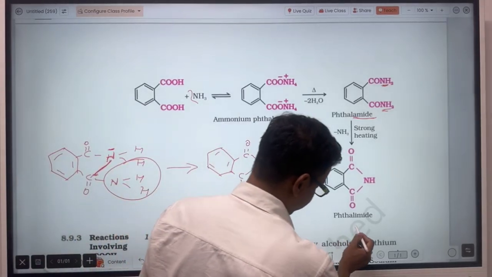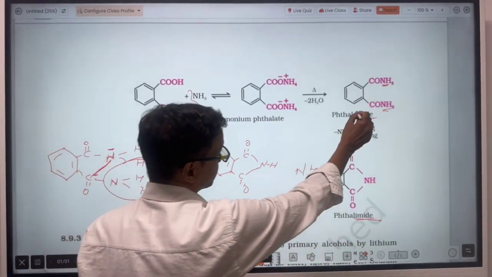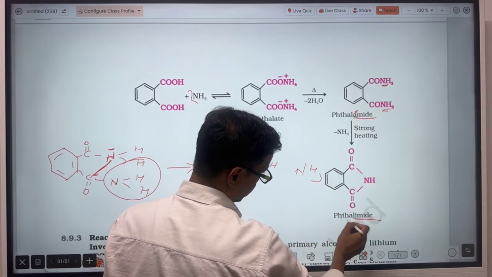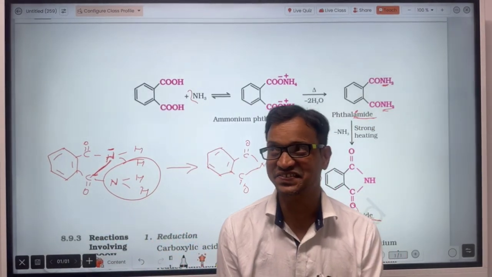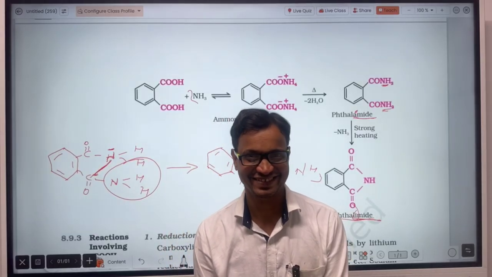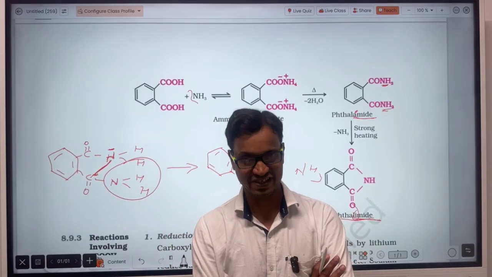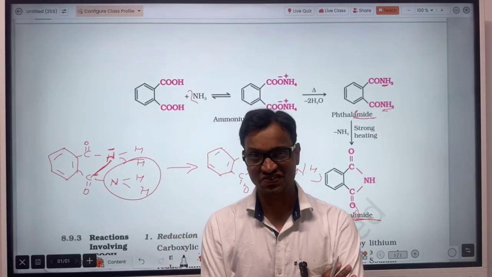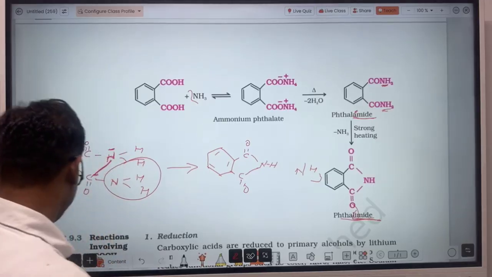This one is called phthalimide. Keep in mind, here it is amide, with E, and here imide, with I. That's the difference. Only a small difference in the name of the compound, but that difference creates a lot of differences. So that is phthalimide. Okay.